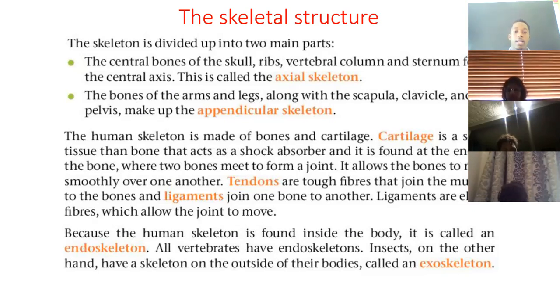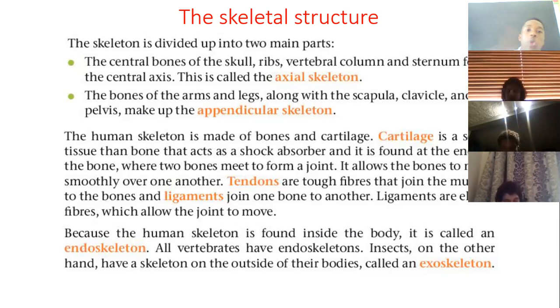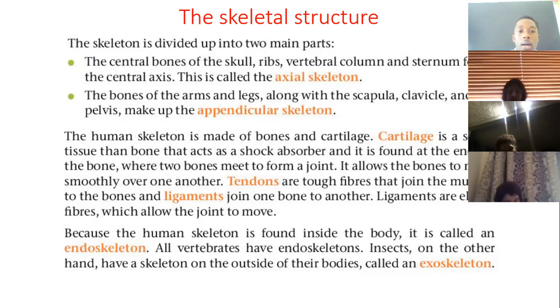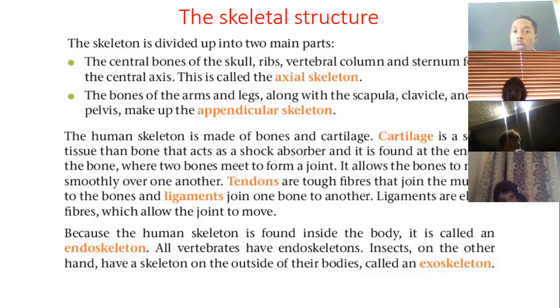Thank God for cartilage. Tendons are tough fibers that connect muscles to bones. We just said that. Tendons connect muscle to bones, and ligaments join one bone to another bone. Know them. Ligaments are elastic fibers which allow joints to move.